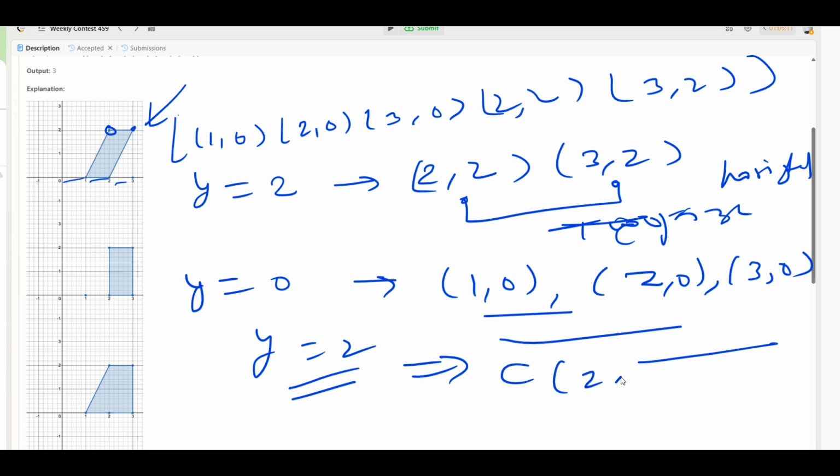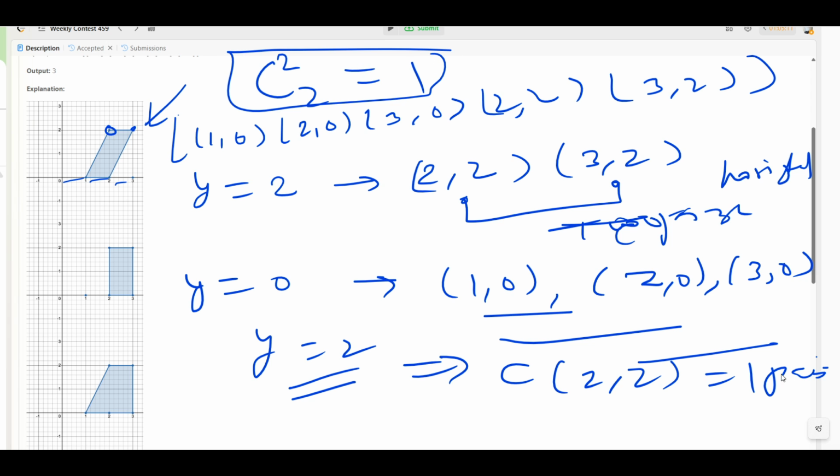If we take 2 2, we will get 1 pair. We know the combination, 2C2, like that we are writing, it comes to 1 combination. So we get 1 pair here. Now we choose 2 points from y equal to 0.